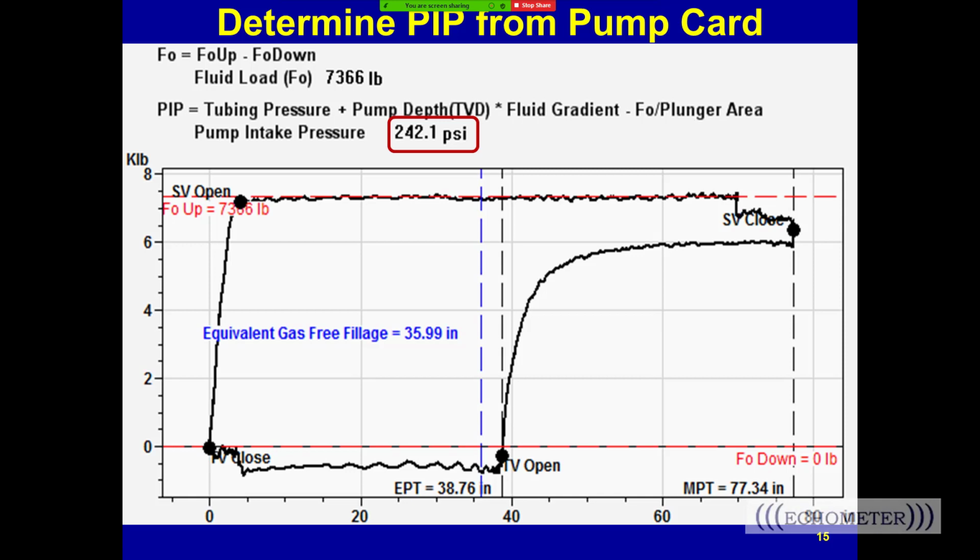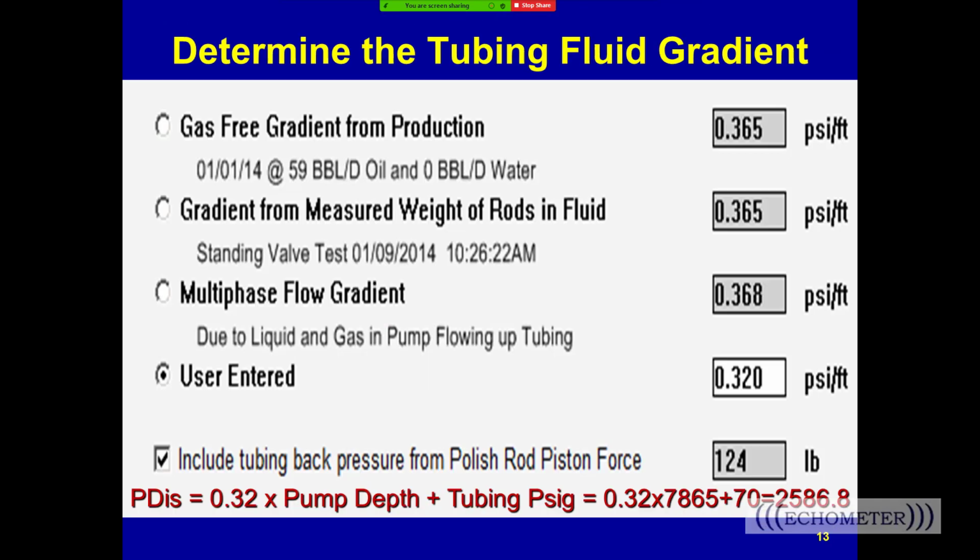Okay, and the most important thing to consider, well, geez, if the plunger size is wrong, then this is way off. So the plunger diameter is important. The tubing fluid gradient, if it's really gassy, it could be way off. So you have to make an adjustment sometimes to the tubing fluid gradient, and don't use the gas rate tubing fluid gradient in TAM, this one right here, if you got a lot of gas going up the tubing.